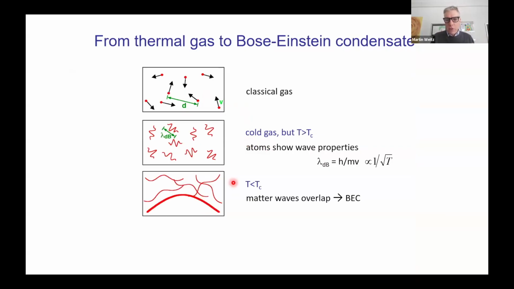And if you go so low that the thermal de Broglie wave packets spatially overlap, then for bosonic particles you find Bose-Einstein condensation. That is a condensation into the ground state. At still lower temperatures, one has a pure Bose-Einstein condensate.